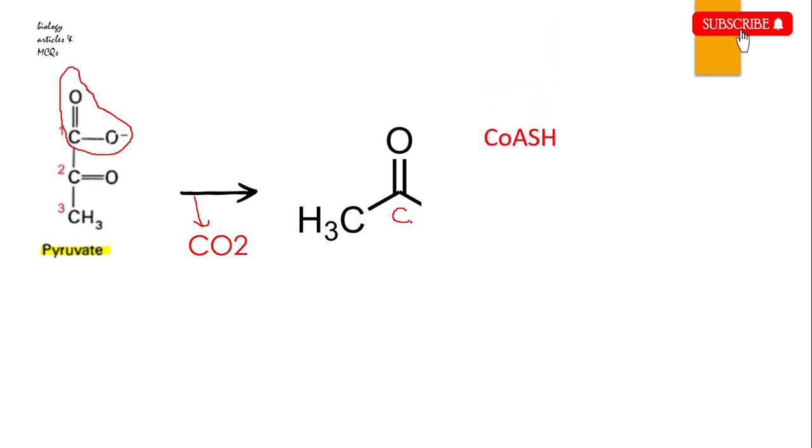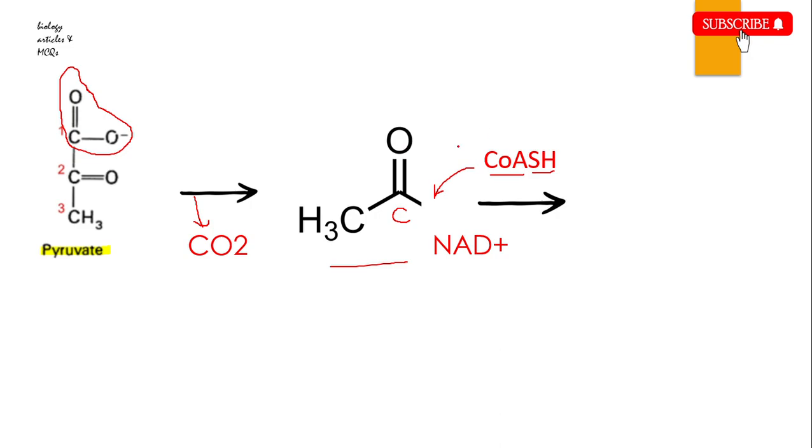Next, the CoASH molecule, that is coenzyme A, along with an SH group, is present here. It will enter into this group that is formed by the removal of carbon dioxide, and this CoASH will attach to this molecule.